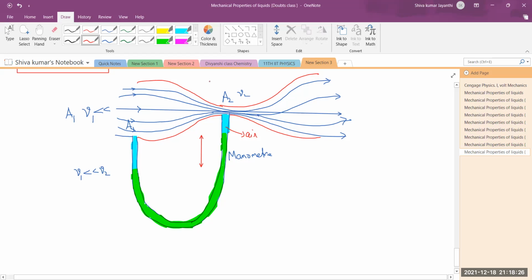ये देखो यहाँ पे height क्या है. And this height. Yes. Now you can see ये जो height difference दिख रहा है, that is h, due to the pressure difference. Now apply Bernoulli's equation at this point and this narrow point.